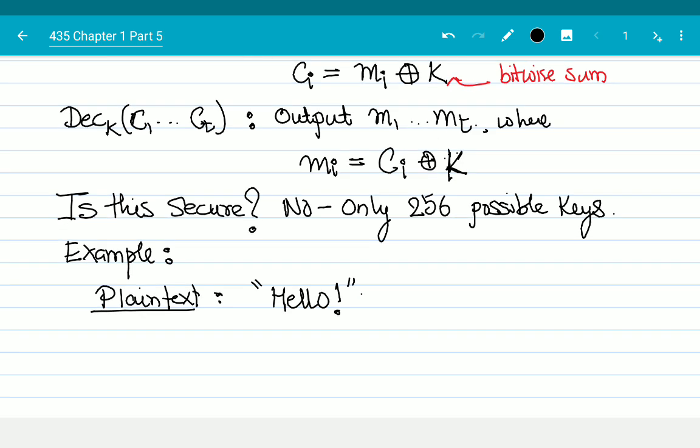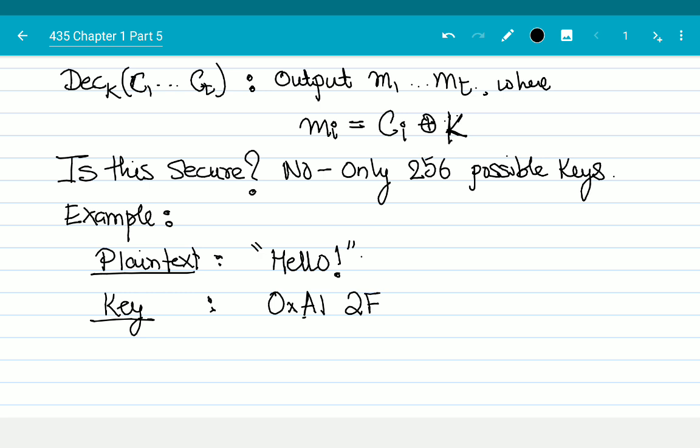And my key is 0xA12F. A12F is a complete byte: A1 is the first 4 bits, 2F is the second 4 bits.